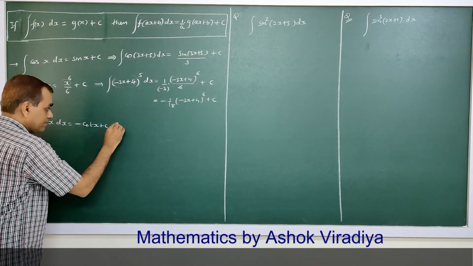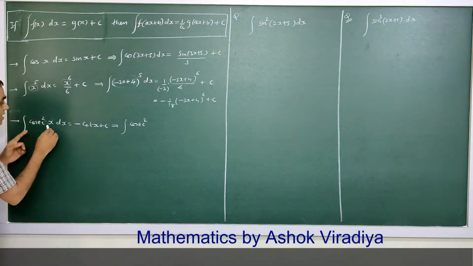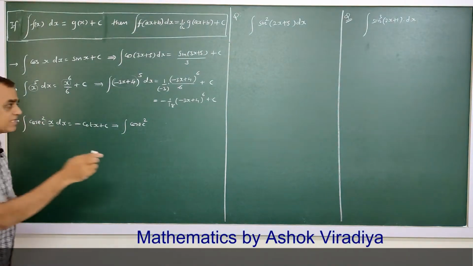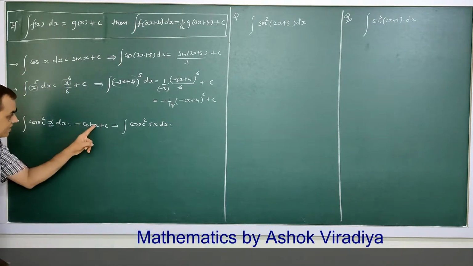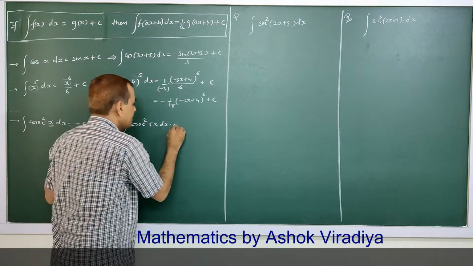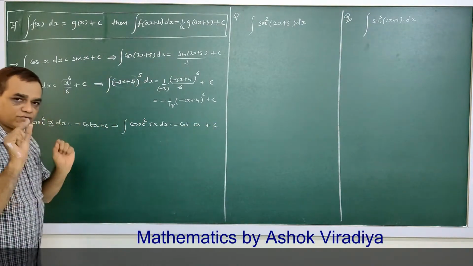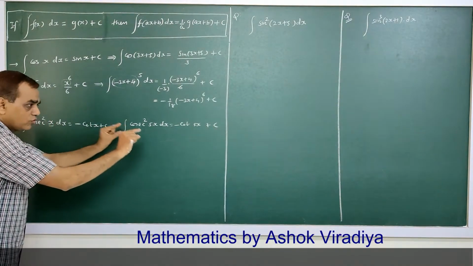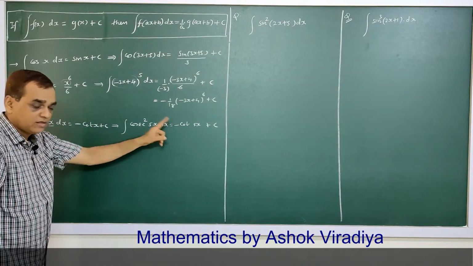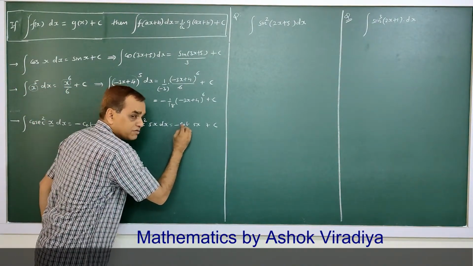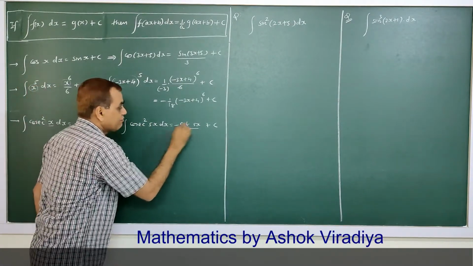Therefore, the integral of cosec square, now x I replace by 5x. So here replace x by 5x. So first of all, direct application. Now this is not complete. What extra do we have to add? Divide by the coefficient of x, that is 5.